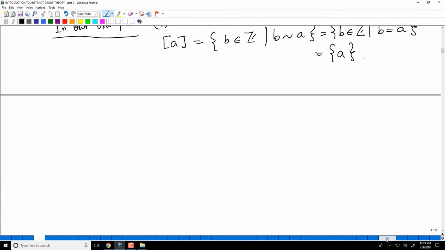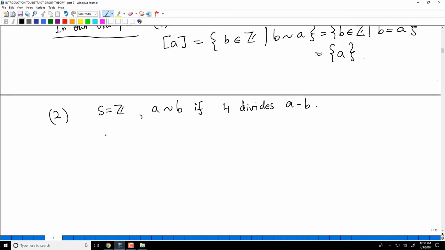In the second example, S is Z, and a is equivalent to b if 4 divides a minus b. I'm going to first write down the equivalence class of a specific element so that you see what is going on.